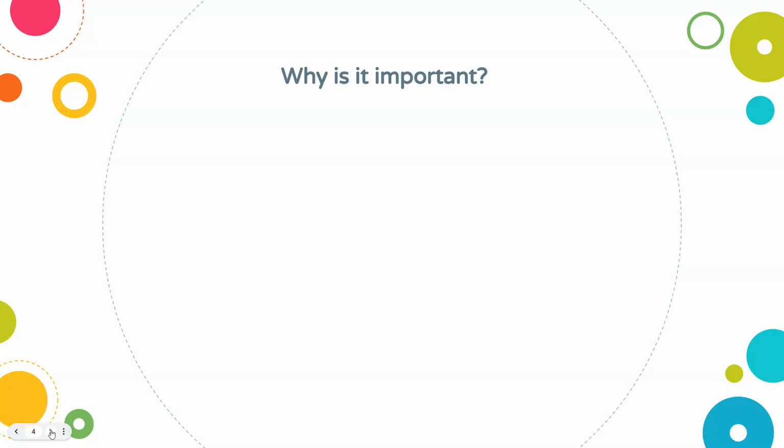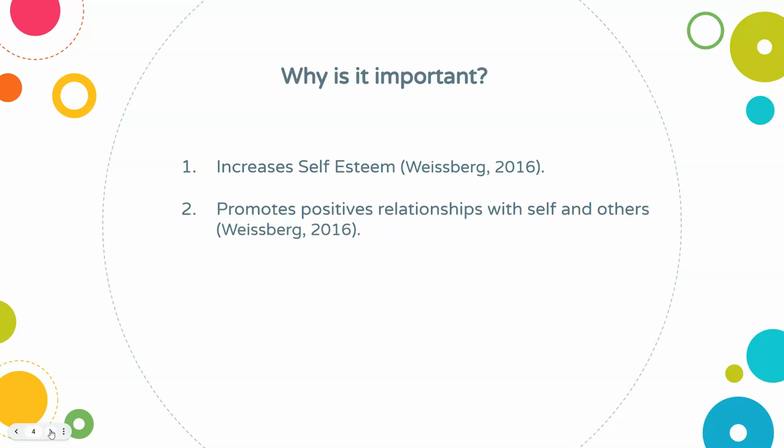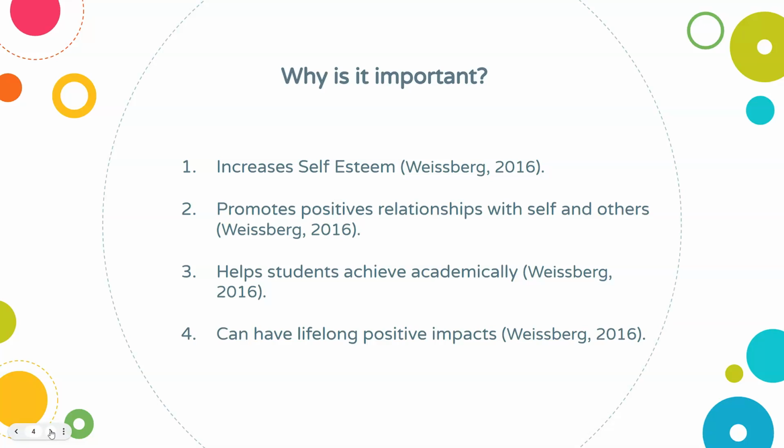Why is social emotional learning important? First, it increases the self-esteem of our students. It allows them to have more confidence, and it promotes positive relationships with themselves and others, and it helps students achieve academically, and it can have lifelong positive impacts on our students.